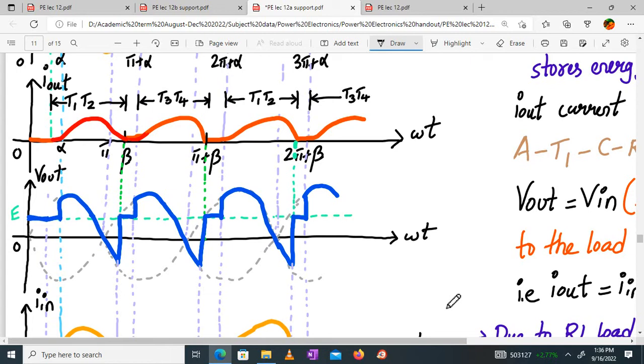This is same as RLE load, half wave controlled. इसमें खाली full wave controlled है. That's it. Quickly draw the waveforms.